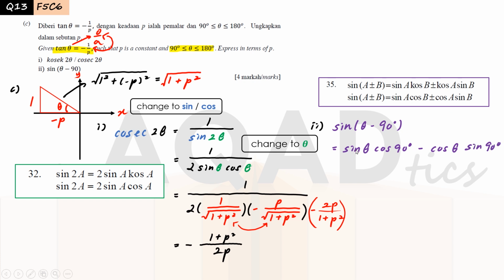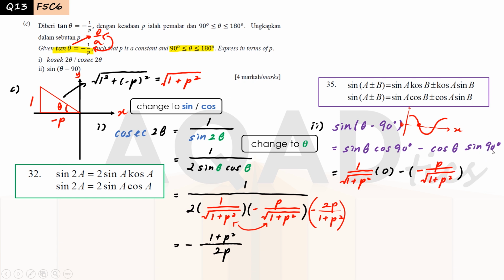For sine theta we can use the value that we used in part 1, which is this one. For cos 90, you can put it into the calculator or you can draw the graph. Both ways you will find that the value is 0. According to the graph, this is 0. So cos 90 is 0, and for cos theta we can use this result.